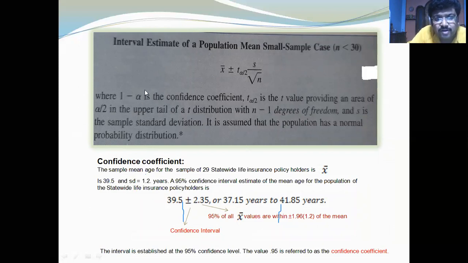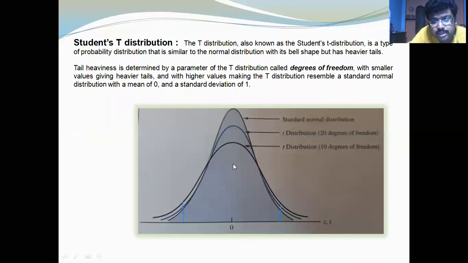The 1 minus alpha is the probability or the area, or it is also called the confidence coefficient. In our picture, if I draw a straight line from here, this portion covered by these two lines is 1 minus alpha, and this portion is alpha by 2.